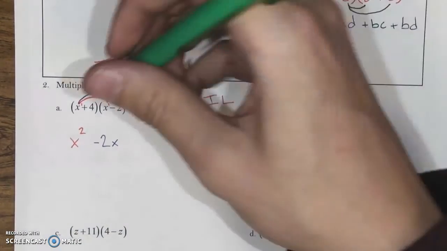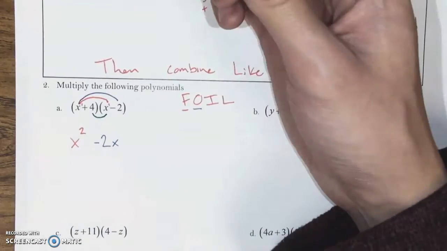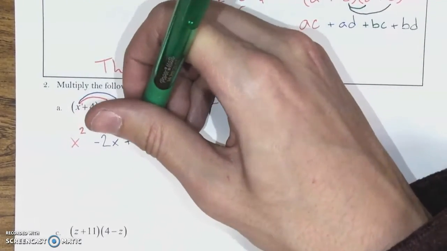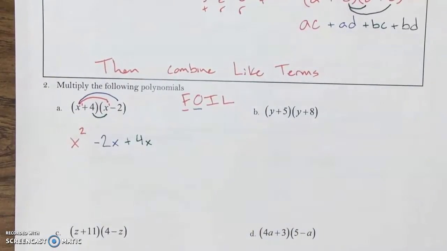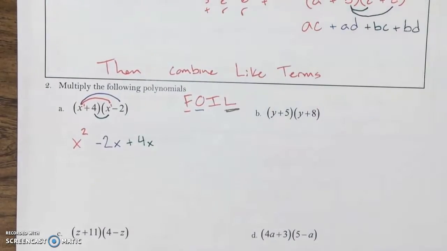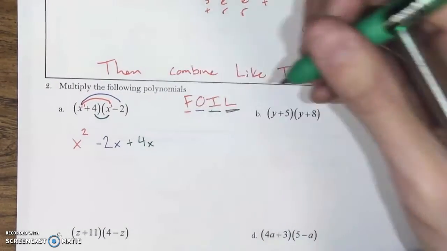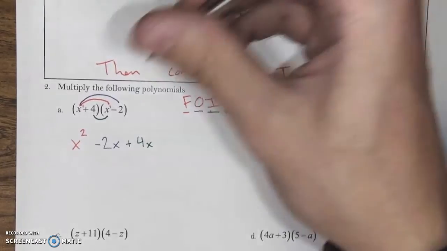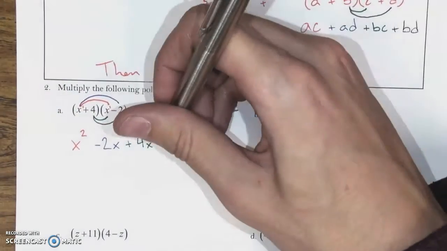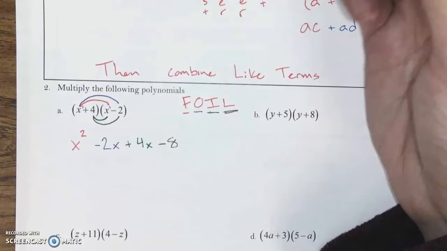Then we multiply our inner term. 4 times x is positive 4x. And then we multiply our last terms. 4 times negative 2 is negative 8.